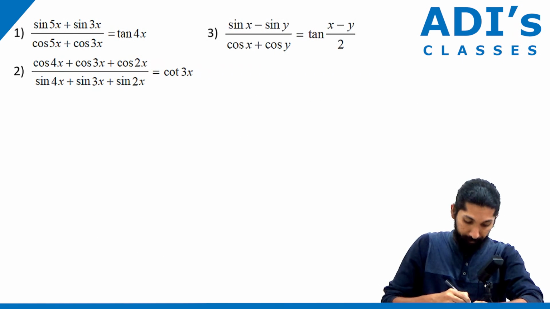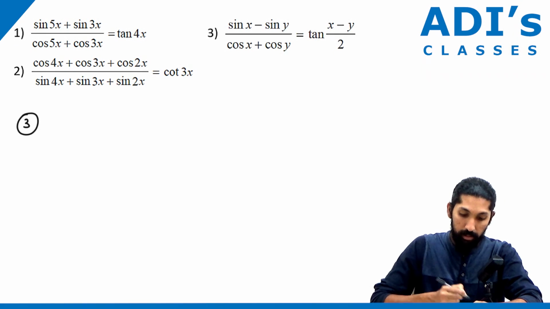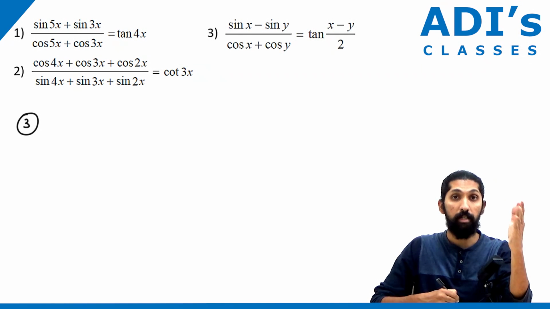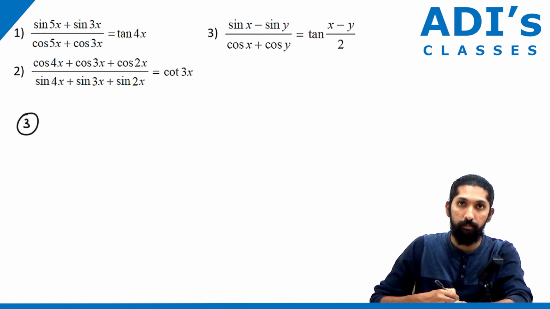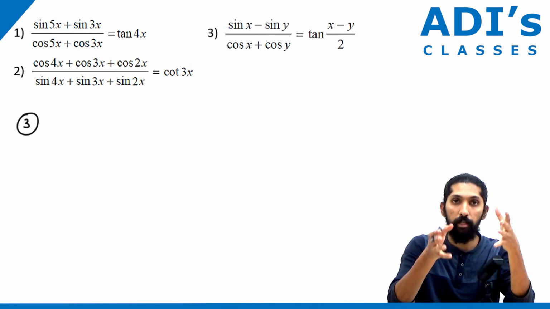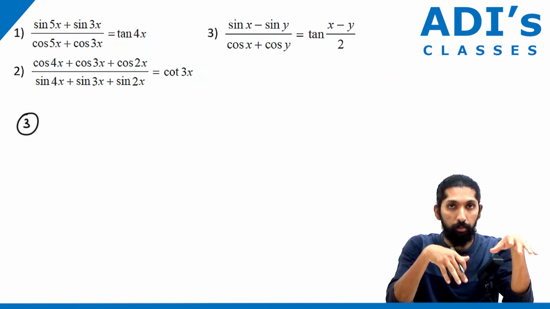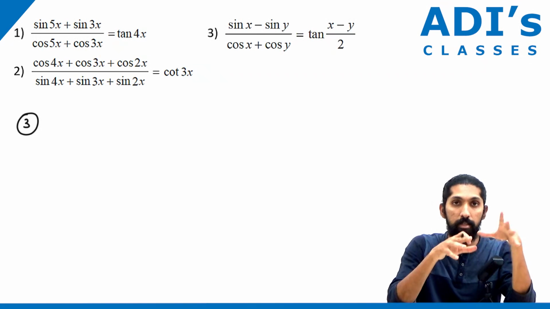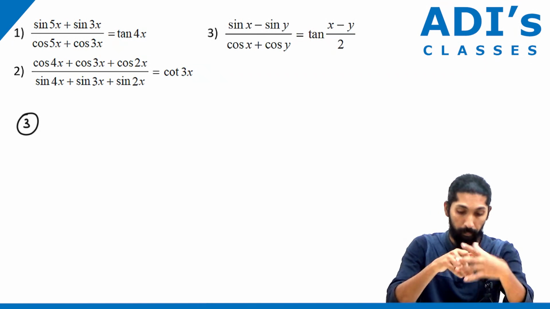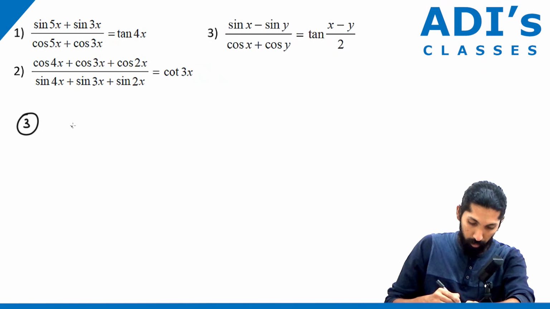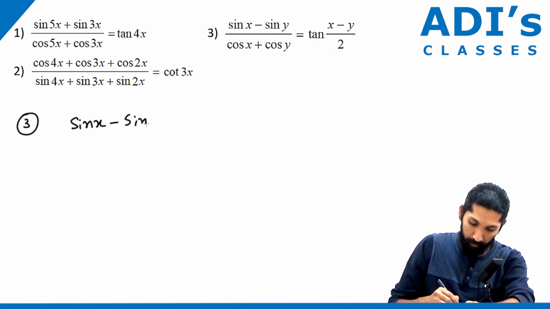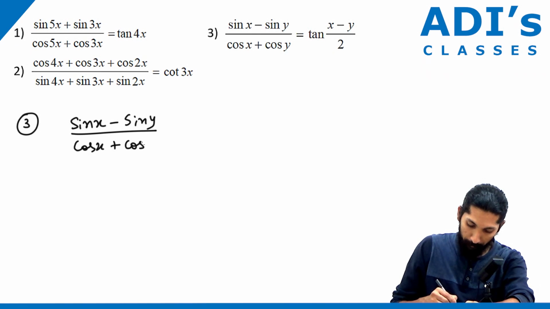Now let's do the third one, very similar to this one. See the third one? Sin x minus sin y, sin c minus sin d formula. What is that? Nothing but 2 cos c plus d by 2 into sin c minus d by 2. Correct? So here you have sin x minus sin y by cos x plus cos y.